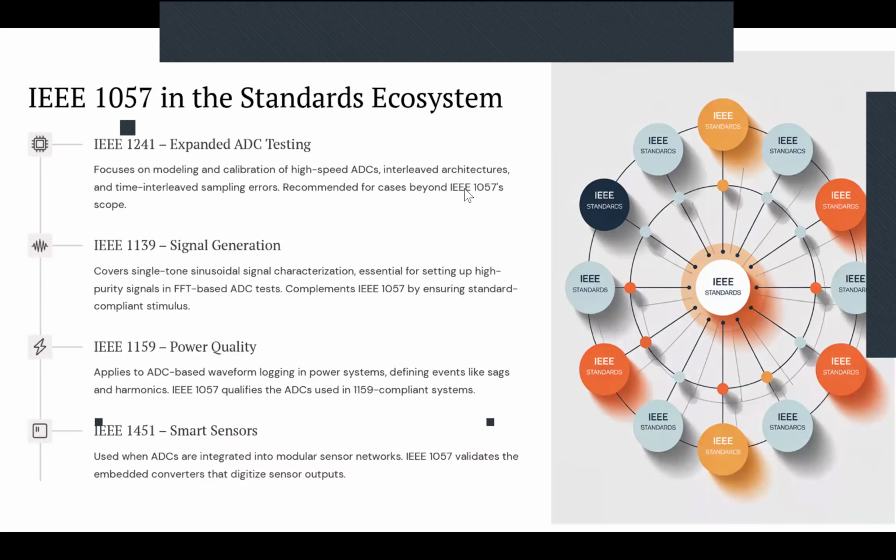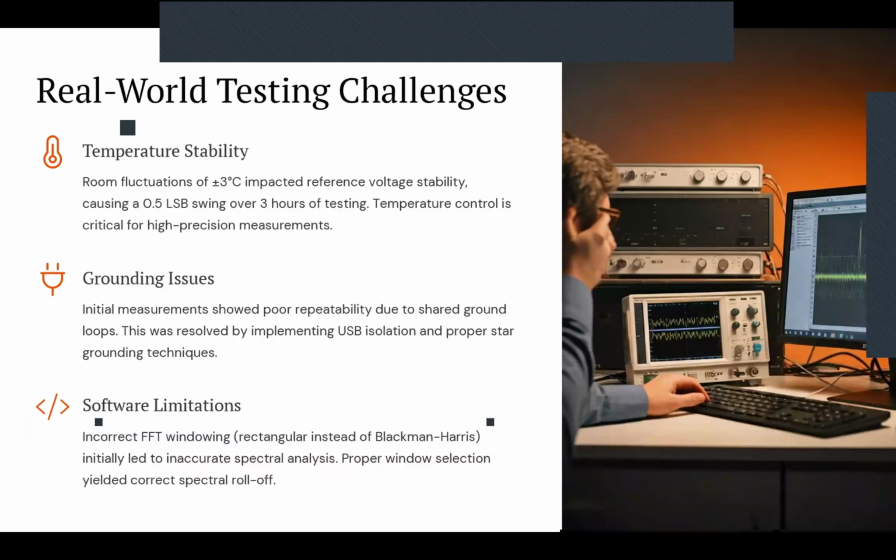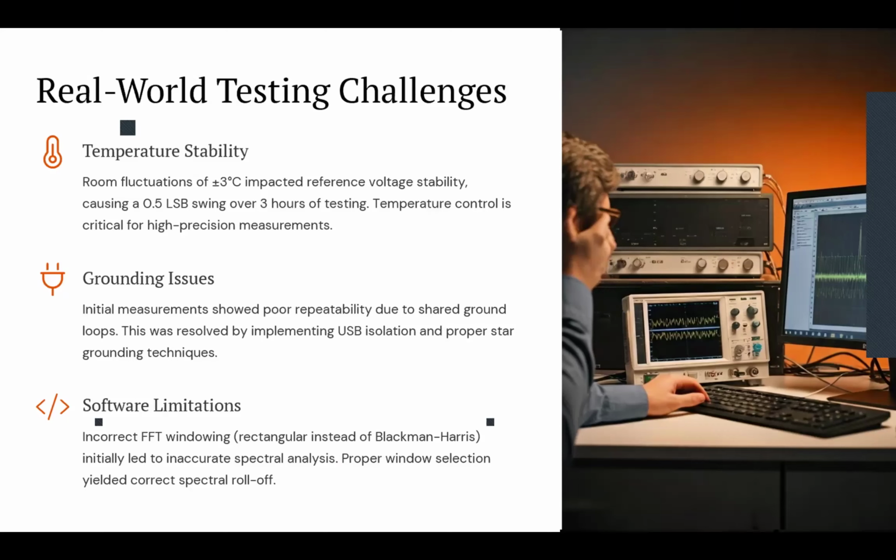Another aspect is a grounding issue. Most testing facilities use one ground for all the equipment. So the laptop, the ADC, the signal generator, all of them use one ground, the plug-in ground. Okay, because they are local, that could create a ground loop.